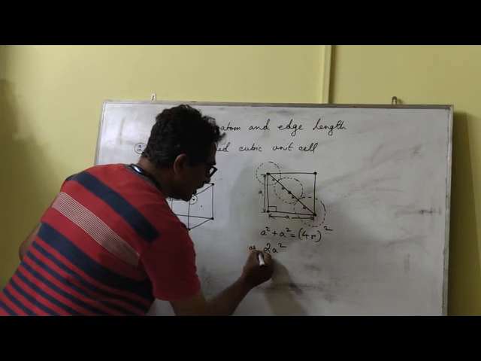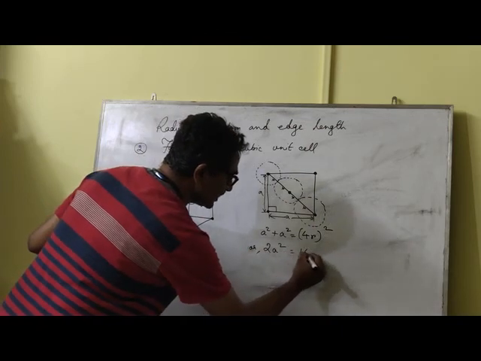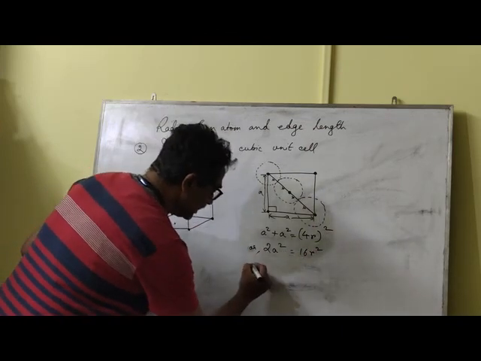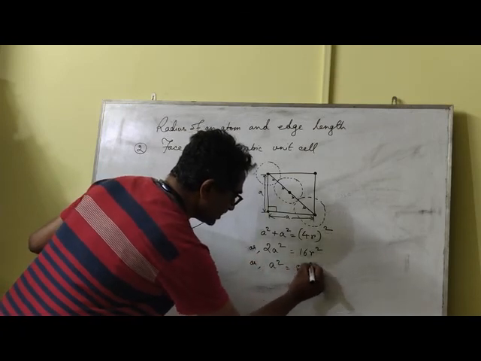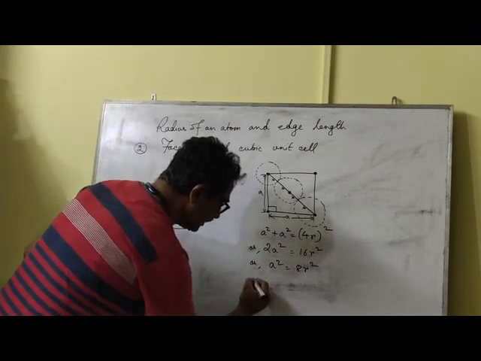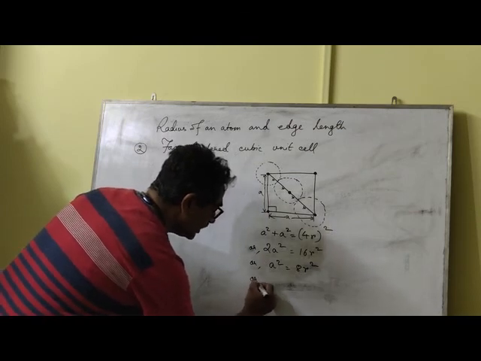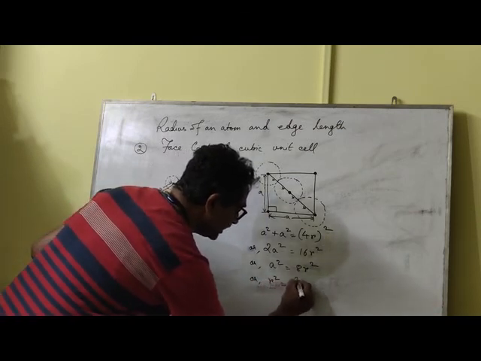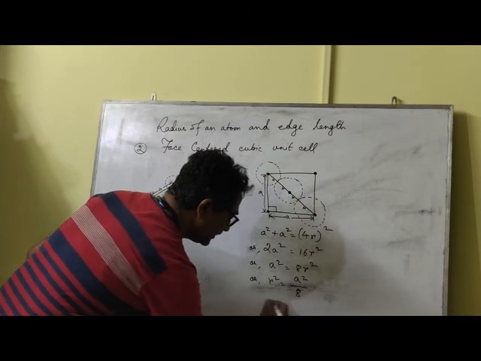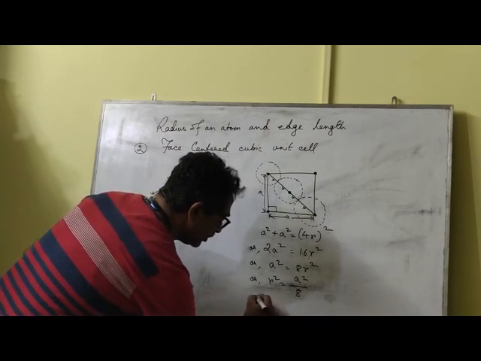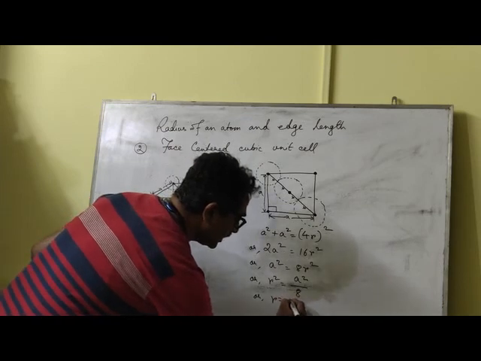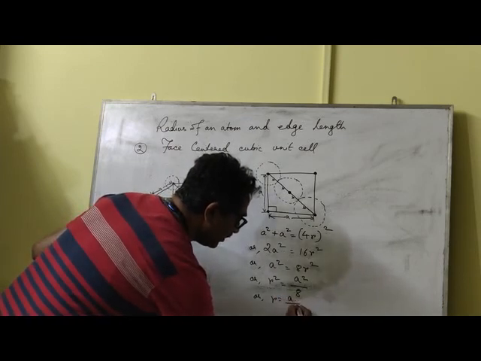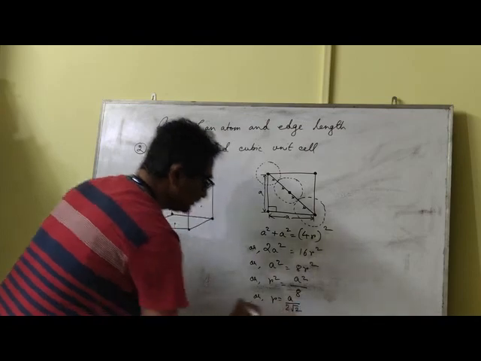2a square equal to 16r square, or a square equal to 8r square, or r square equal to a square by 8, or r is equal to a by 2 root 2.